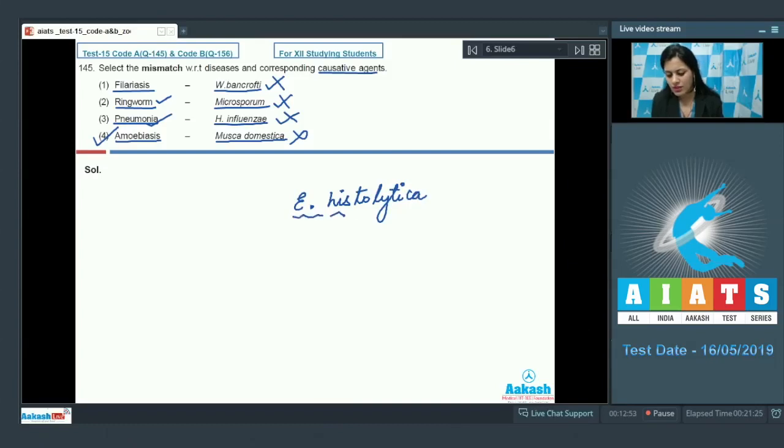The causative agent for amoebic dysentery or amoebiasis is Entamoeba histolytica. On the other hand, housefly or Musca domestica acts as a mechanical carrier to transmit Entamoeba histolytica to an infected person. So the correct answer to this question is option number 4. Let's discuss our next question.